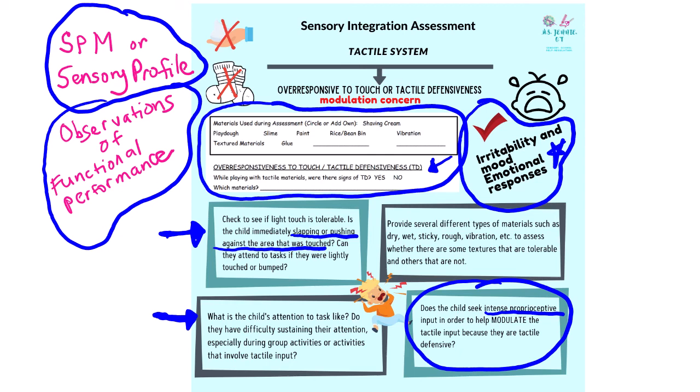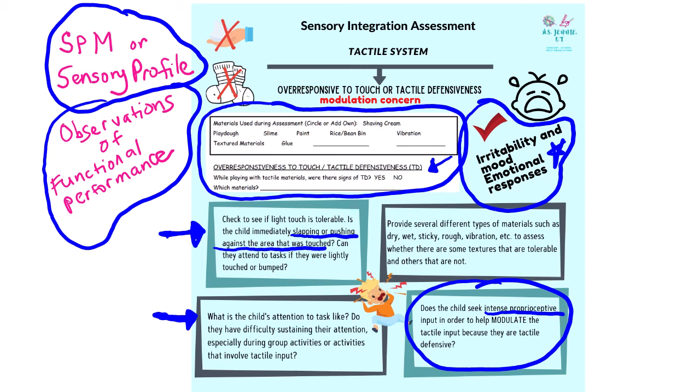In order to help the nervous system be in a better state of arousal and regulation, that proprioceptive input is there to help modulate that.